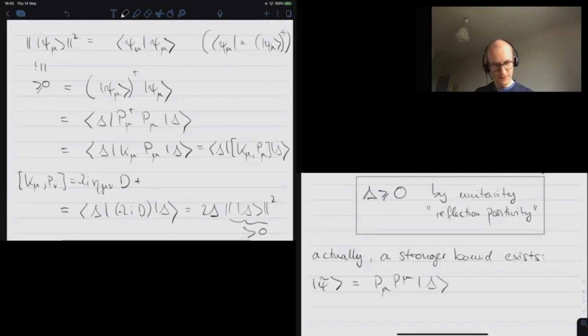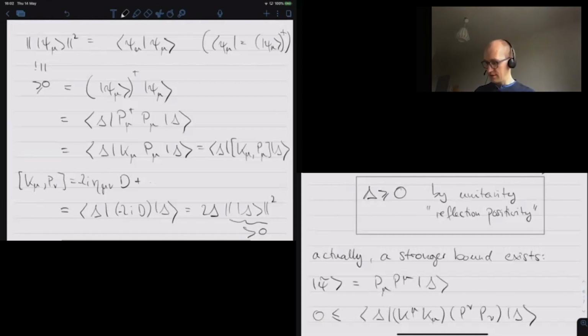Then what I find is that 0 is less than or equal to delta, K mu K mu, P nu P nu, acting on delta.